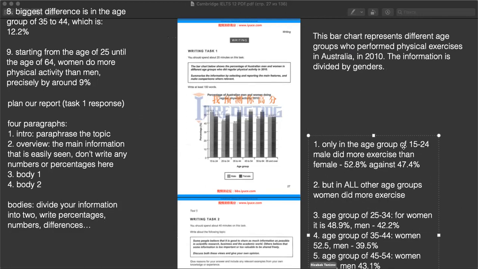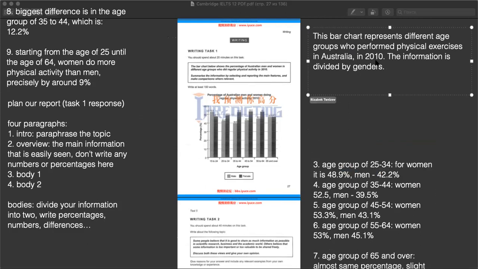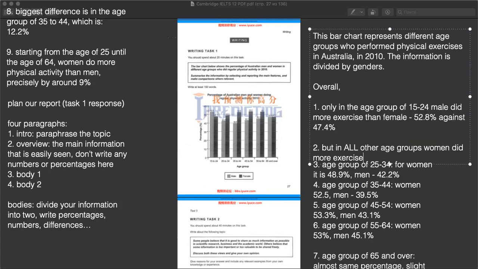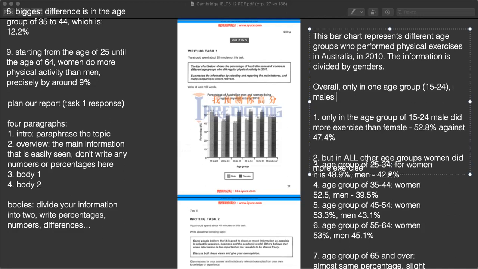Okay, let me take these two things. I'm going to take it for the overview. So overall, only in one age group, 15 to 24, males did more physical activity than females.